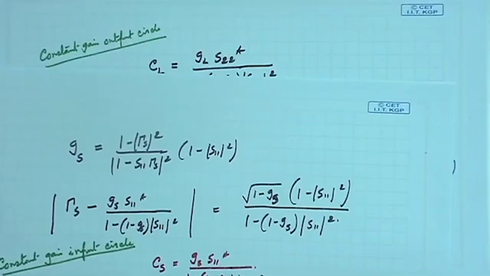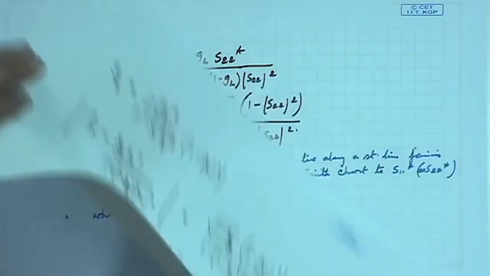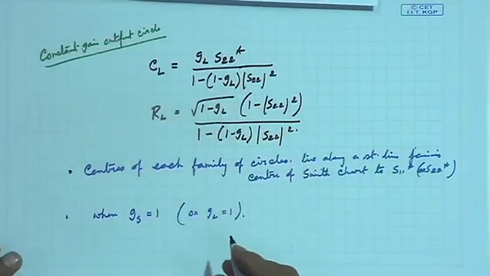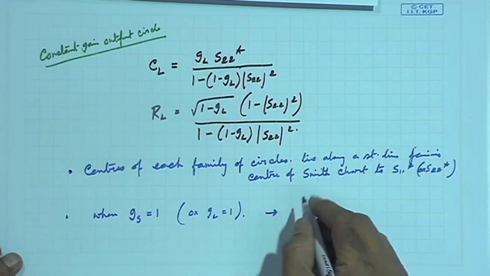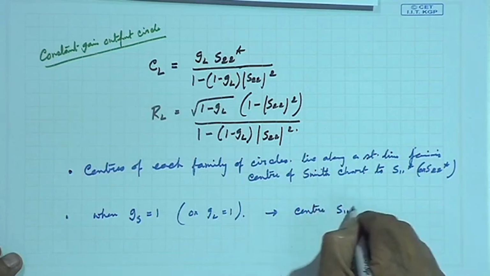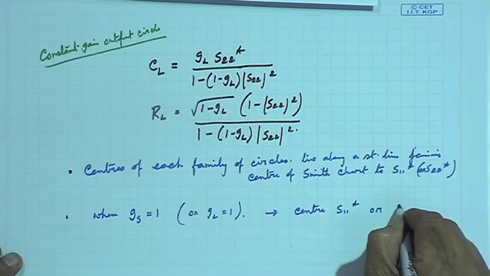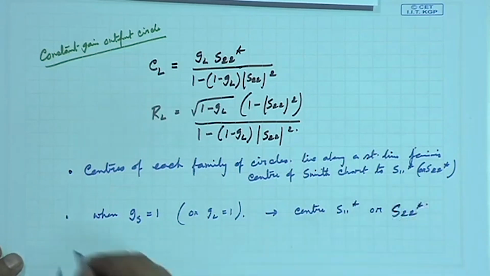You see, if GS is equal to 1, then CS becomes simply S11 star, and this center becomes S22 star. So, then the center simply is S11 star or S22 star, as the case may be.